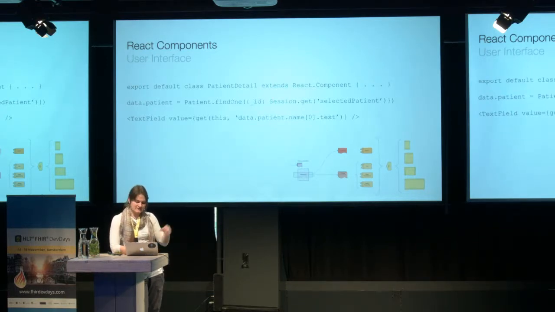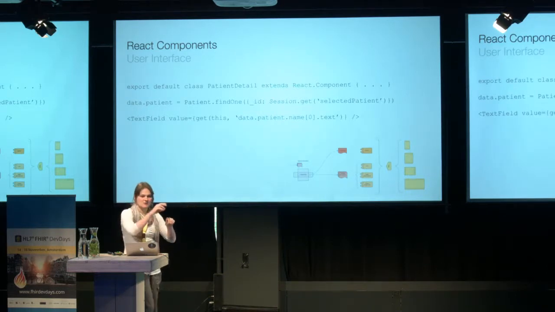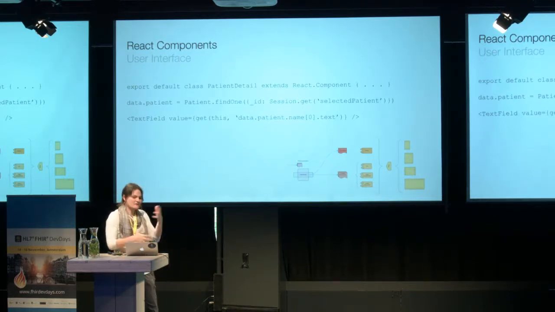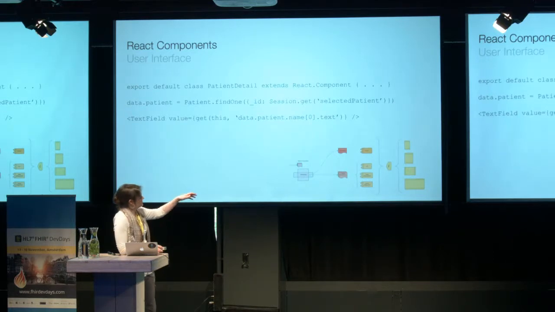TextField, get this data.patient.name.text. That's similar to FHIRPath in some regards, but we're grabbing the object and saying use dotted notation to drill into the tree and just grab this field. And so we have all the helper syntax worked out.